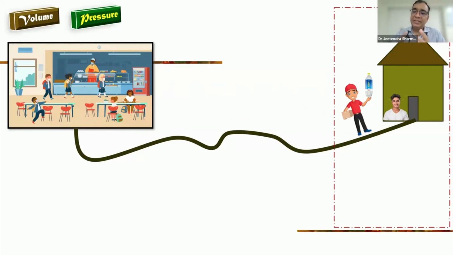One agreement with this cafeteria is you will get 1 liter of water every 8 hours. Say for example, the times would be 6 a.m., 2 p.m., 10 p.m. So every 8 hours, 1 liter is coming. That is your agreement with the cafeteria manager.